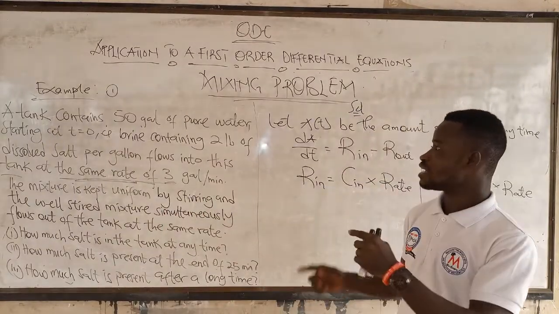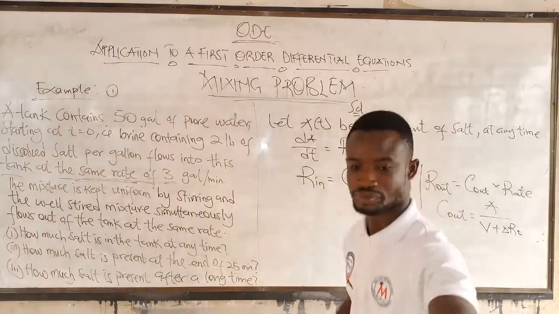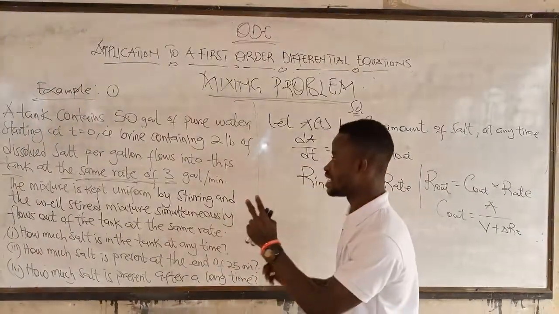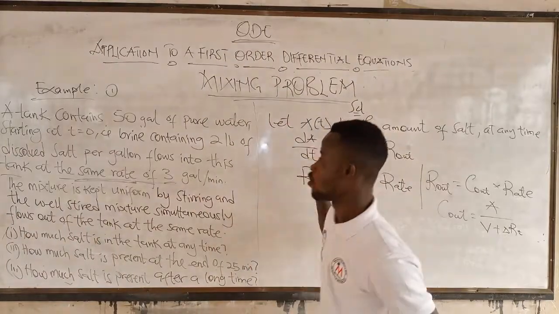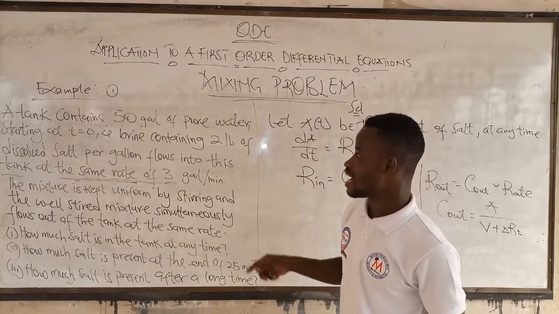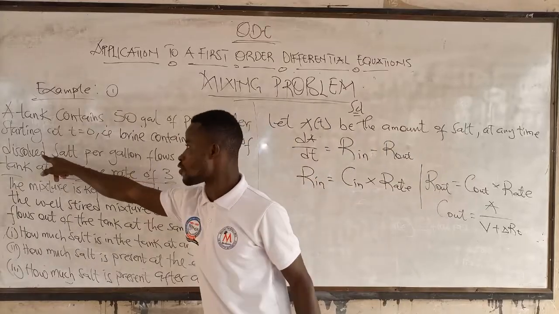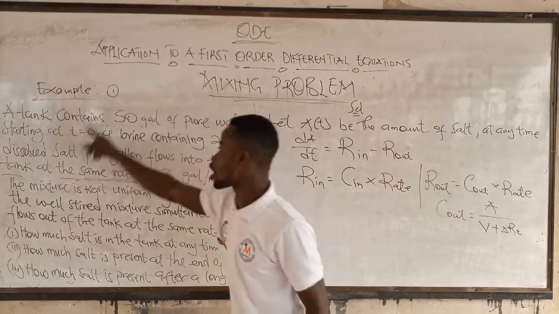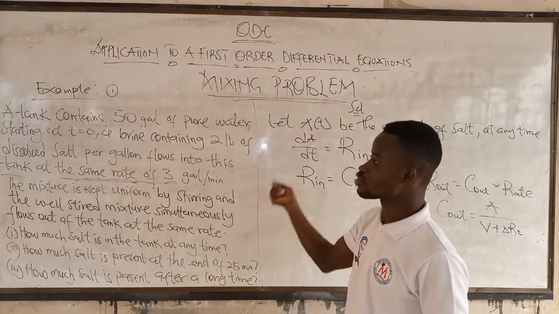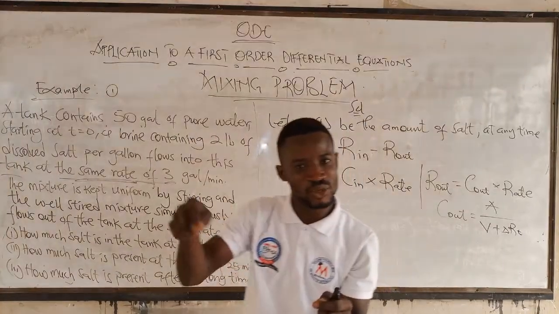So here, the inflow, take your time. You can see the rate to be 3. And also, since it was dissolved, 2 lb of dissolved salt per gallon flows into this tank, that also will be the concentration.